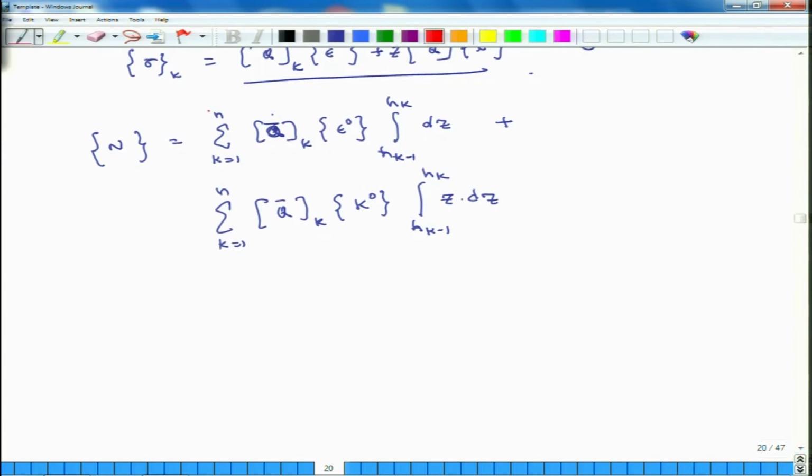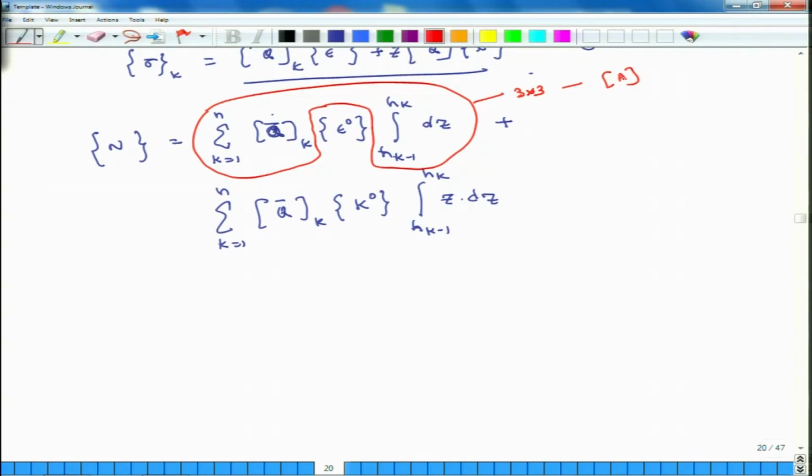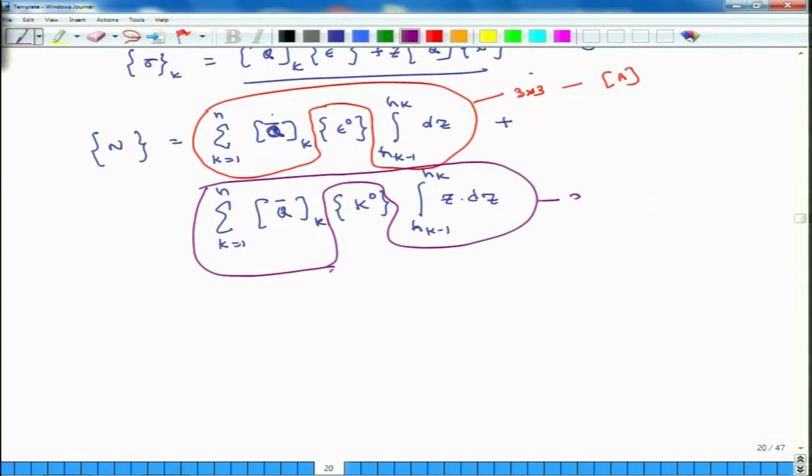So, this entire thing is a 3 by 3 matrix, okay, because Q bar is a 3 by 3 matrix, and this I call the A matrix, and this entire thing is another 3 by 3 matrix, because again Q bar is a 3 by 3 matrix, and I call it the B matrix.